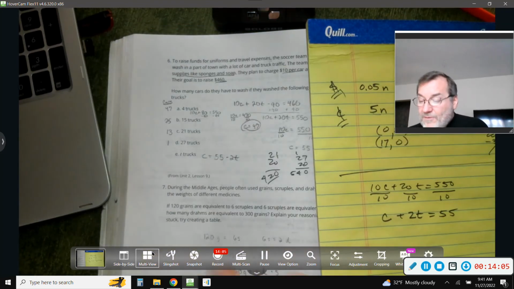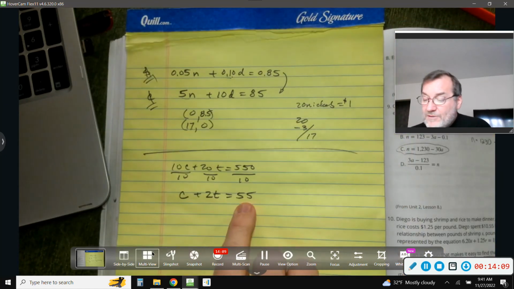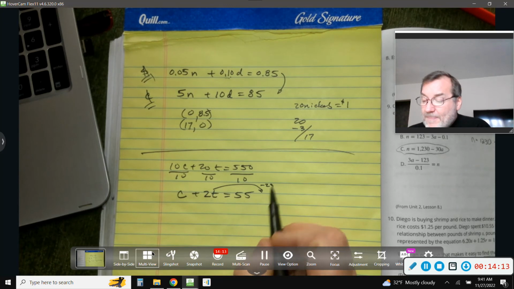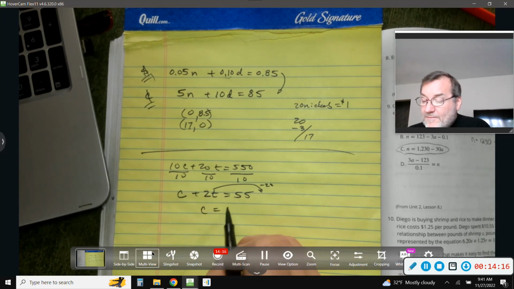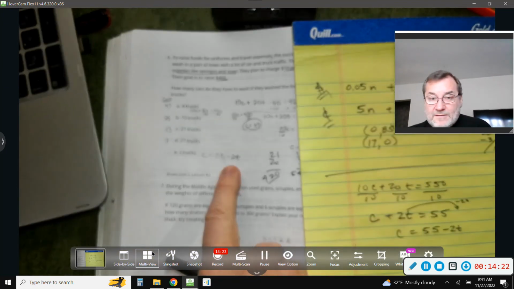And so if you want to just put in the T, in other words, you want to solve this equation for C, you just subtract 2T from each side, and you'll have C all by itself. C equals 55 minus 2T, right? And so that's where they get this equation here from.